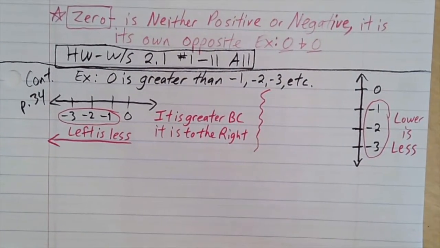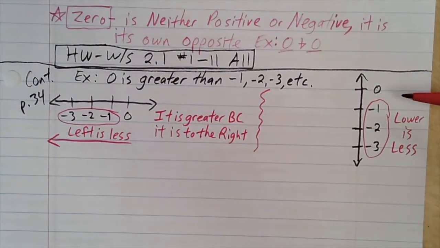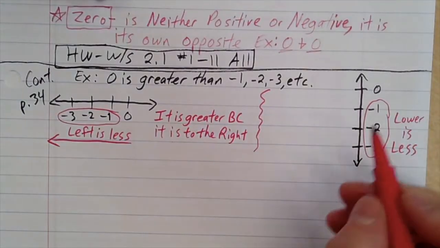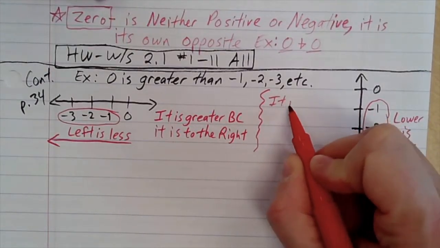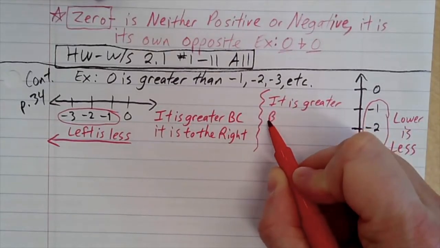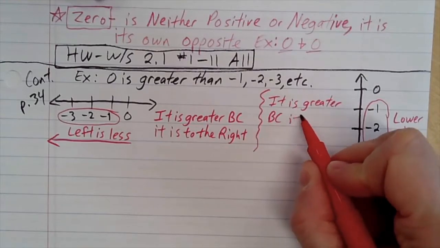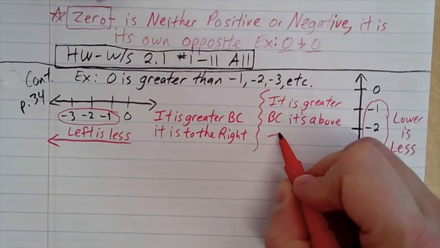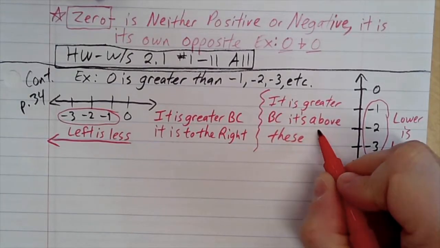So let me move this over so you can see that. So then why is 0 greater? Because it's above all of these. I kind of think of 0 as the dirt, and you're digging down into the dirt, you're getting further into the negatives. So 0, it is greater, and then BC in my notes means because it's above these numbers.